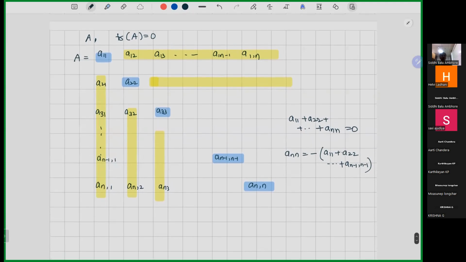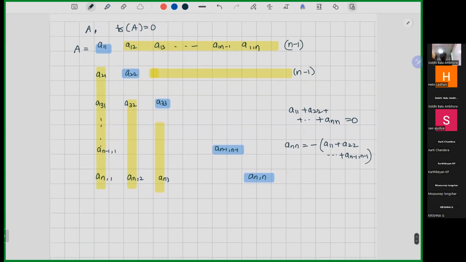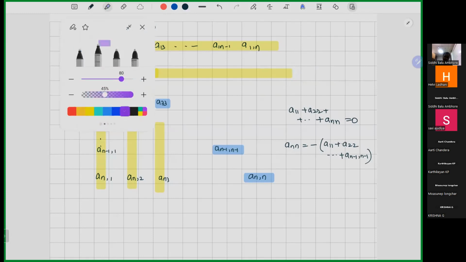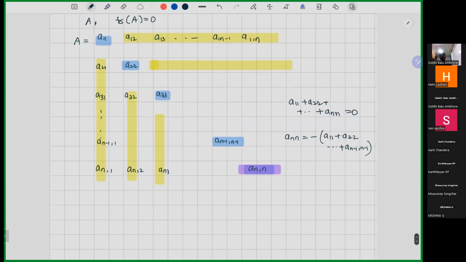So the rest of the terms here, how many terms are these? N minus 1. These are again this one and this. So n minus 1, and so on, plus these n minus 1 many elements. Or if we want to say that all the elements are independent, only this element here, let me change the color of this, this one is depending on the other.